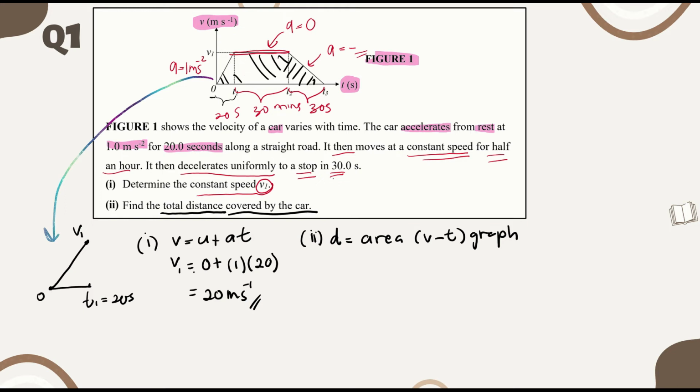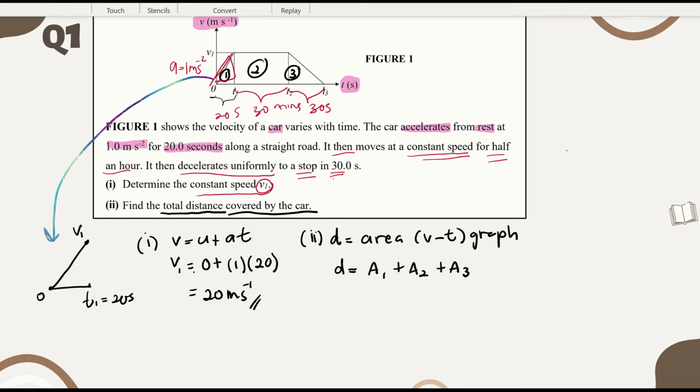To have a simpler solution, we divide the area into 3 areas: area number 1, area number 2, and area number 3. So the distance is equal to area number 1 plus area number 2 plus area number 3.